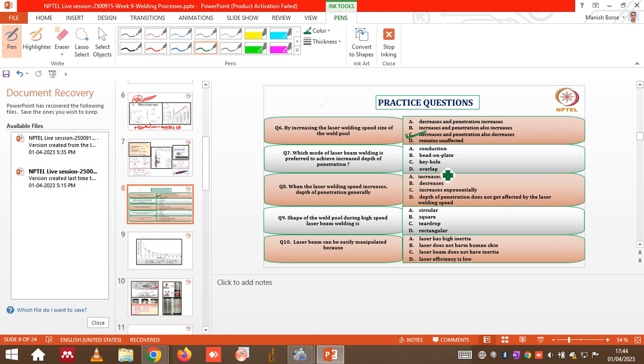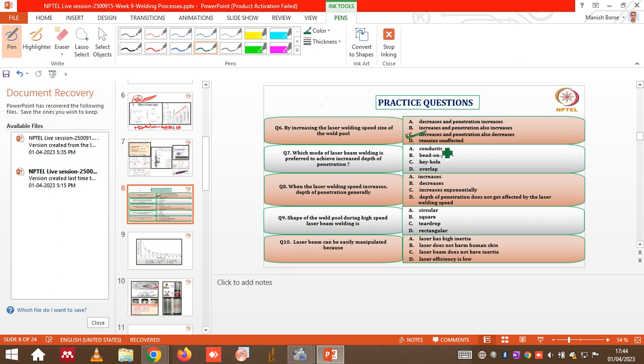In the conduction mode, we are just treating the surfaces with the help of a laser beam, and we can deposit a certain layer of different material, or a powder layer, by locally melting with the help of laser sources. Nowadays that is called additive manufacturing, or layer by layer additive manufacturing through the laser source.